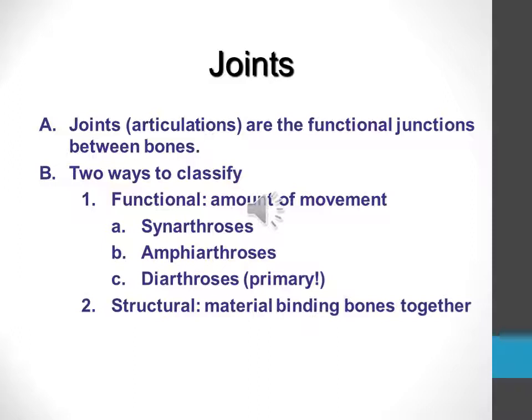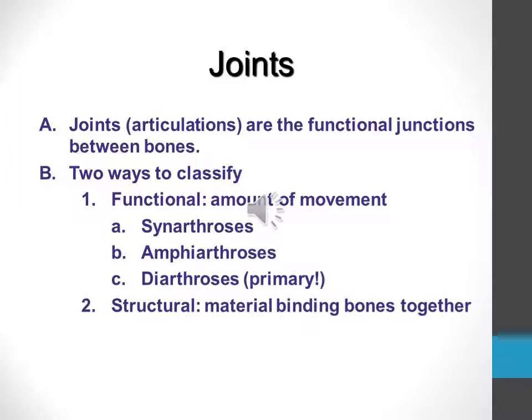There are two ways to classify joints. The first is a functional classification, so by the amount of movement they allow. We have synarthroses, which are immovable. You'll primarily find those in your axial skeleton. We have amphiarthroses, which are slightly movable, and we have diarthroses, which are our primary type of joints, and they are freely movable.